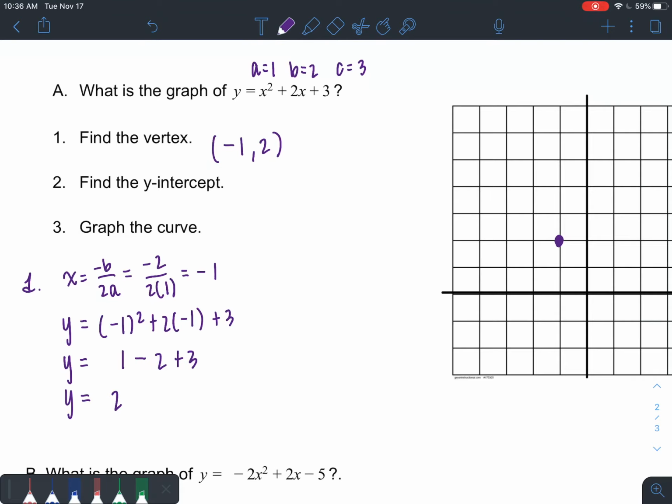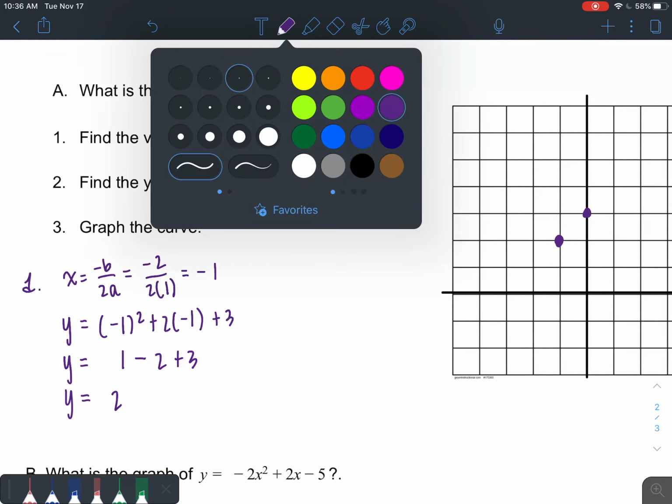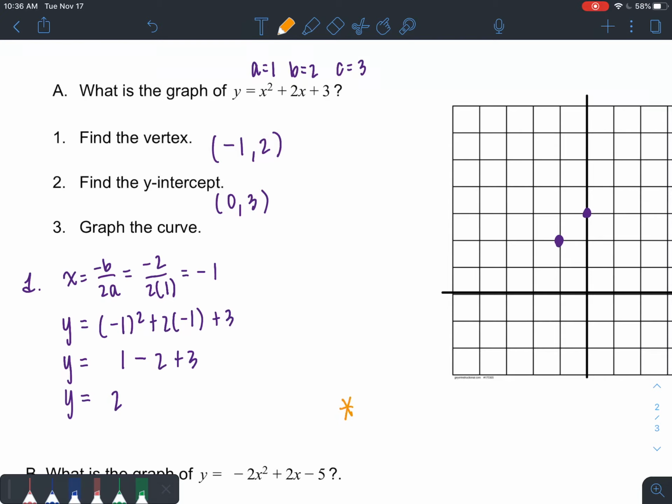There we go. Okay, then we want to find the y-intercept, which is just 0, 3. So I'm going to go ahead and plot that point. And this is where stuff starts to get interesting. We have to remember the axis of symmetry goes through the vertex.